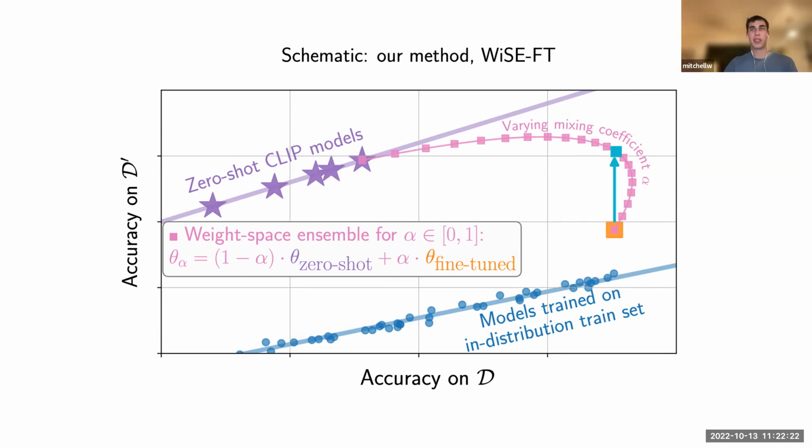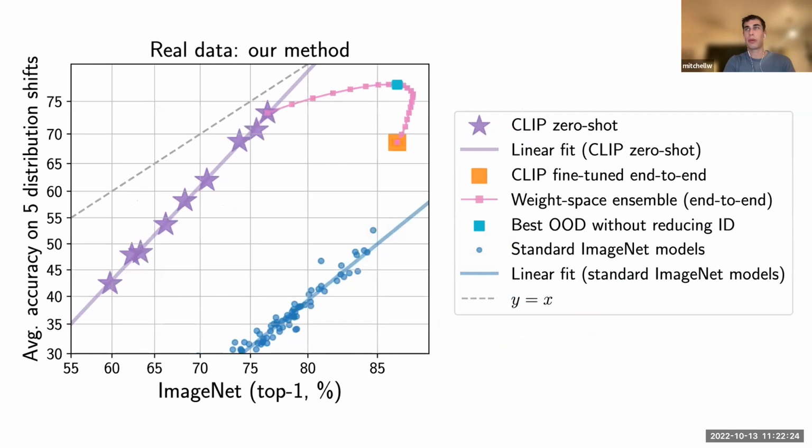So now let's look at real-world data where we plot the average accuracy on the 5 distribution shifts that we looked at earlier: ObjectNet, ImageNet R, ImageNet V2, ImageNet Sketch, ImageNet A. On the y-axis is the average over those shifts, and on the x-axis we have ImageNet. We see here that the uppermost purple star is the best CLIP model.